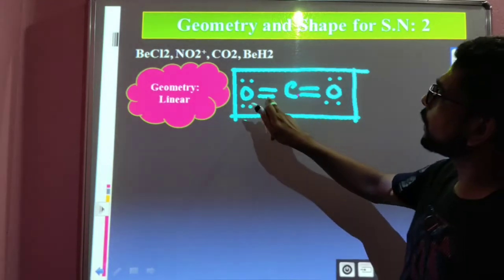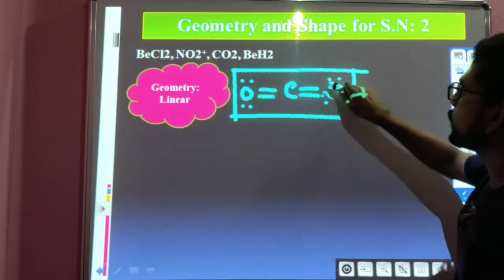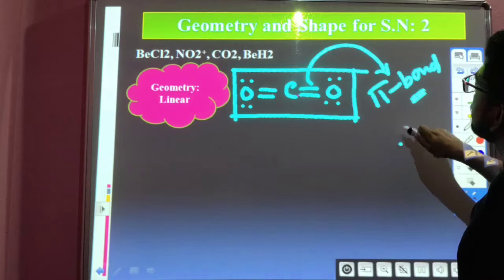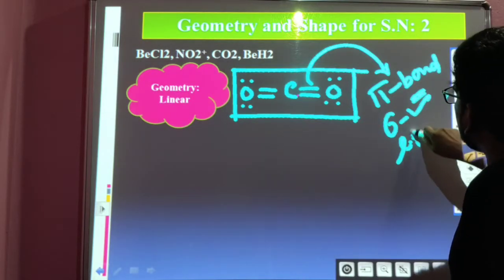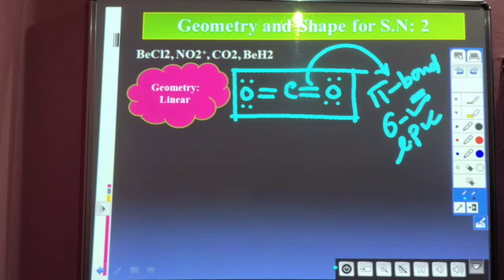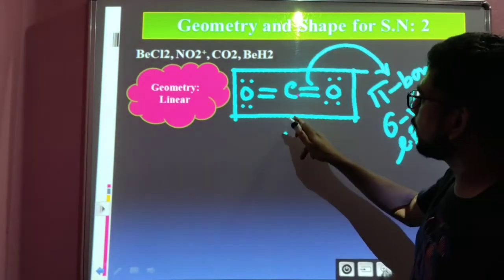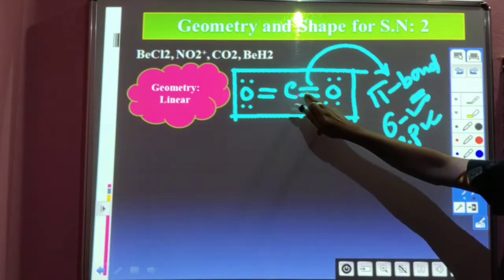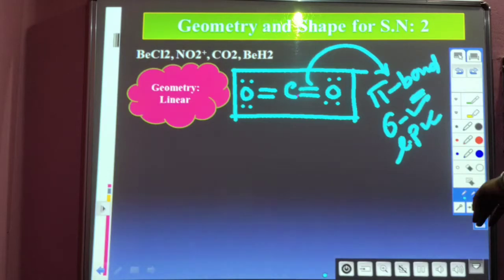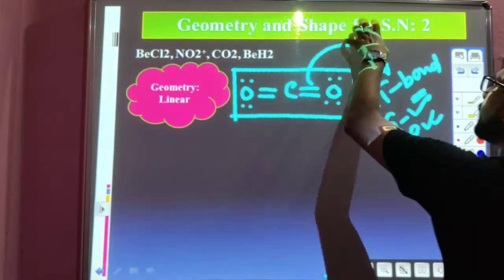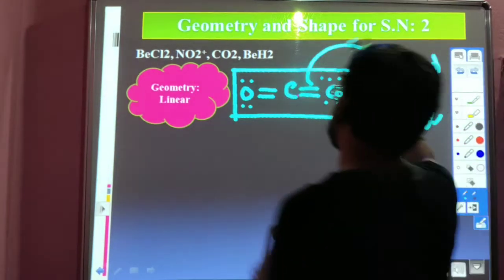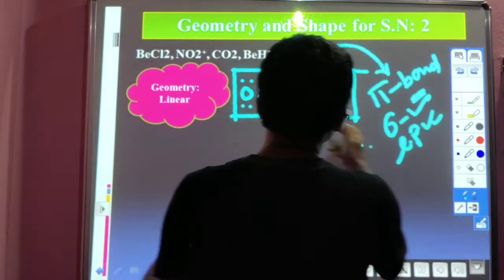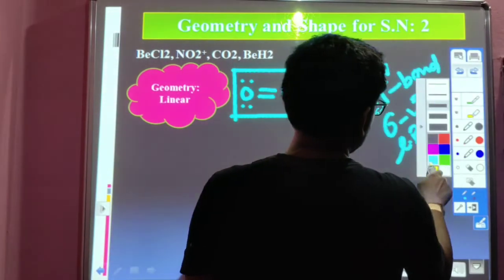While drawing the structure, you have to show the pi bond, sigma bond, lone pair of electron, everything you need to show. Whether you put double bond here or here, it doesn't matter. Okay, this will be the structure. For geometry and shape, don't consider the pi bond. You can show like this.